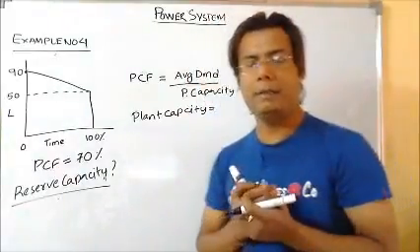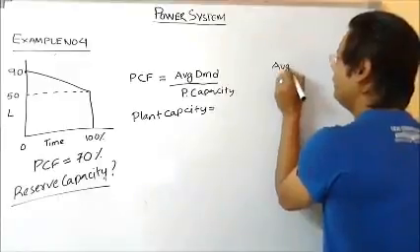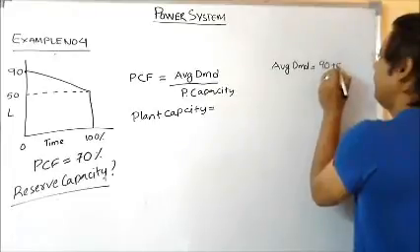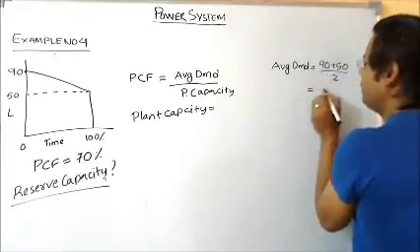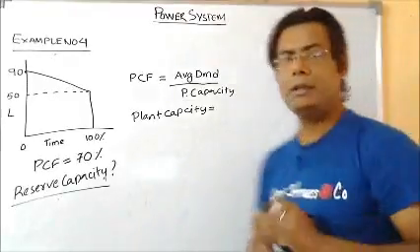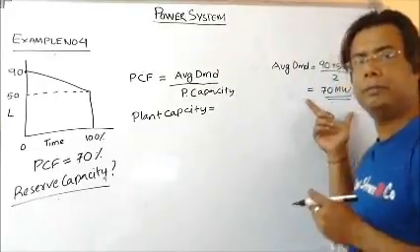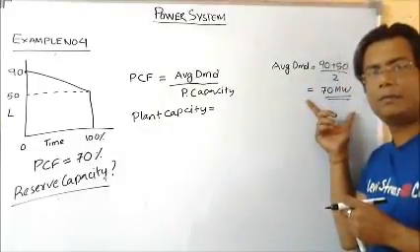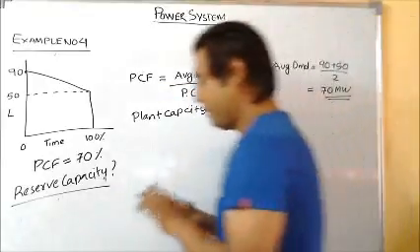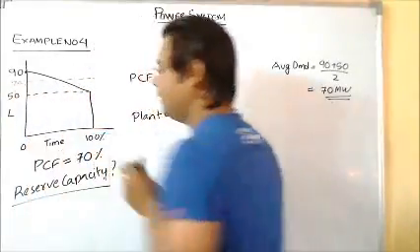So first of all, we need to find the average demand, which is equal to 90 plus 50 divided by 2, which is equal to 70 megawatt. This is the thing which we need to understand.